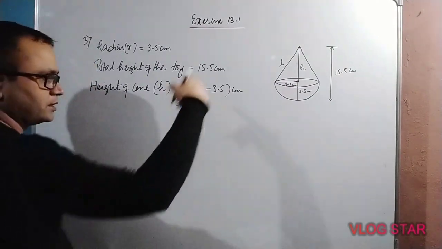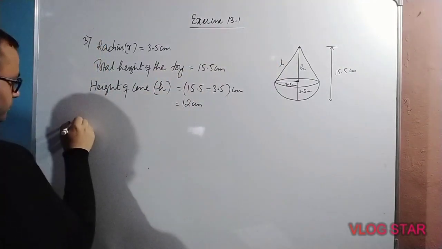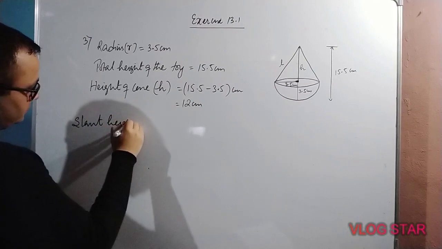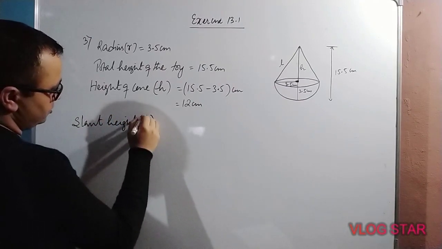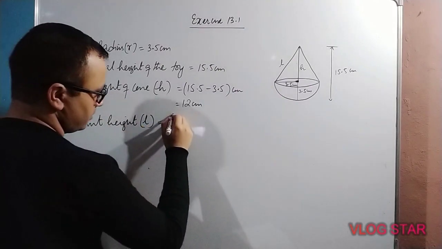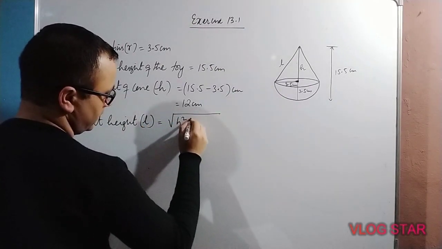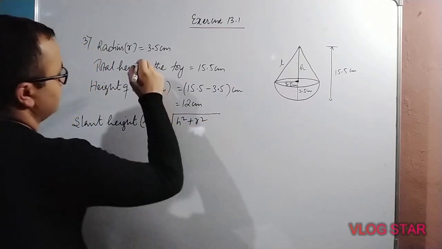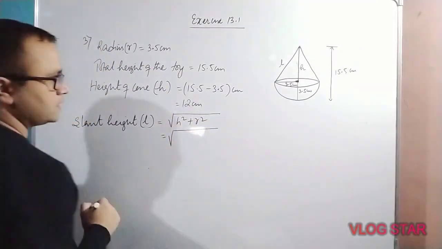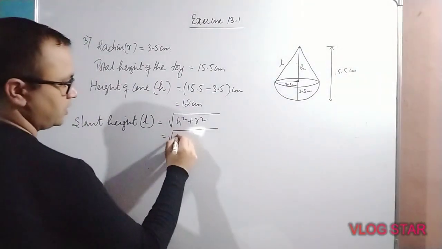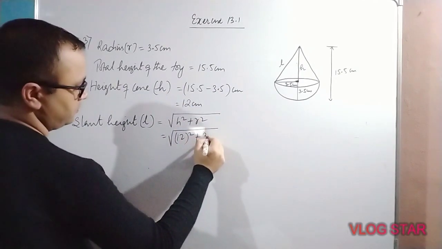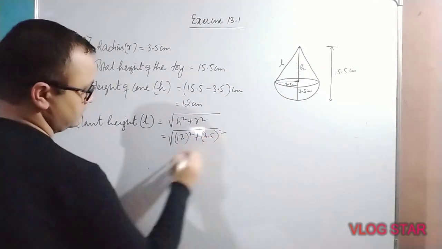Now calculate the slant height. Slant height l equals, what is the formula of slant height? It is root under h square plus r square. This equals root under 12 square plus 3.5 whole square.